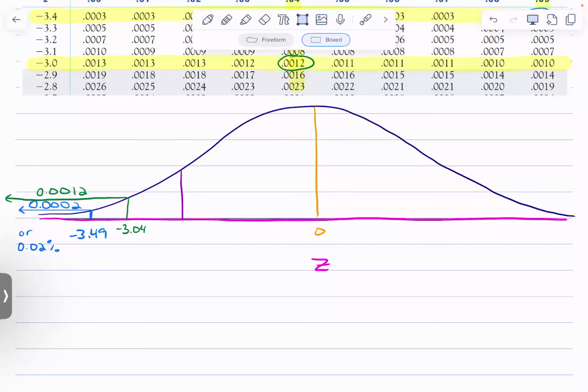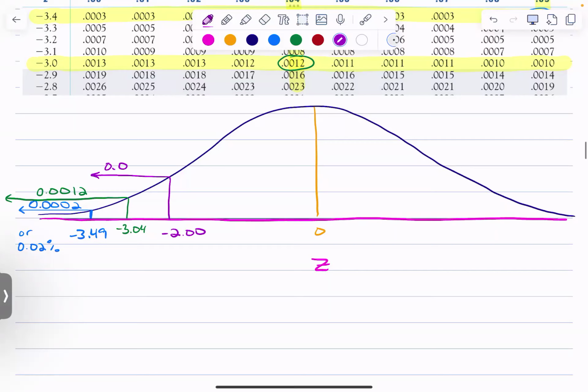Otherwise, it looks like it's really close to the center and it's not. Like I said, these are just to help us visualize what's going on. But now I can put negative 2.00. And I've completely forgotten what the area was, but I think 0.0228.